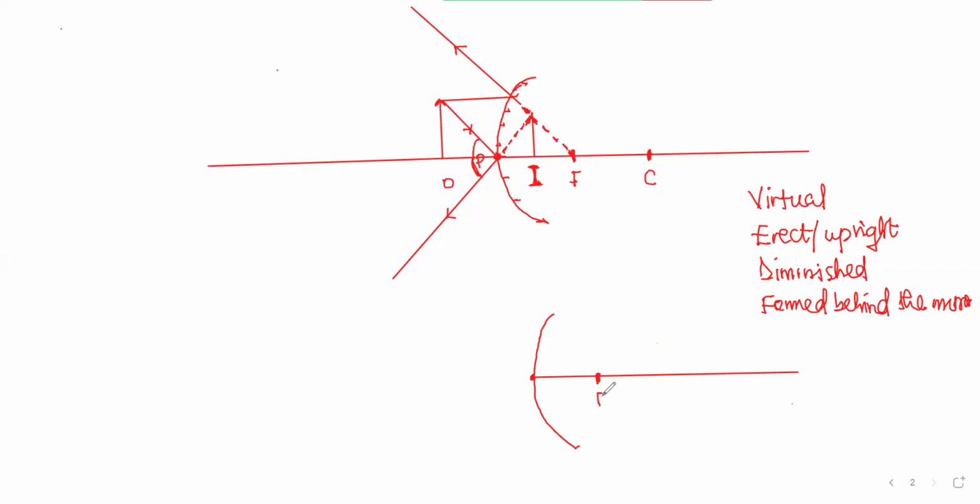So F is here, and then C is here. I must extend the principal axis so that I can place my object.